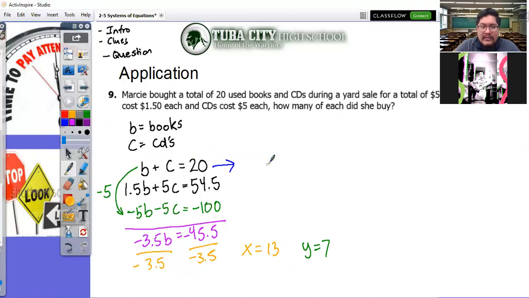So we know that in this case, B is 13. 13 plus C equals 20. So the CDs, there were 7 of them. And I didn't have to do the math because I already knew it added up to 20.